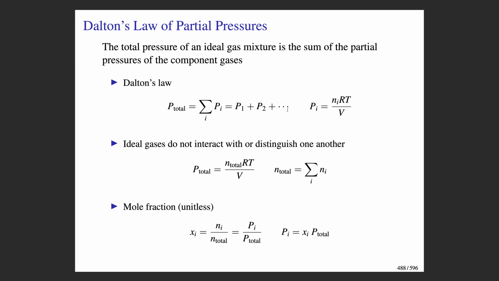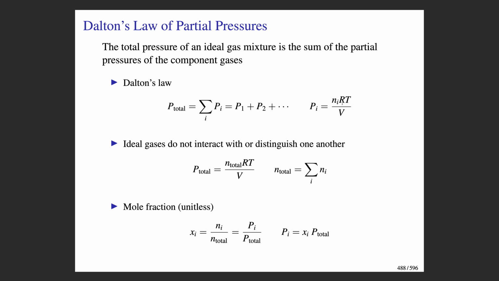Each partial pressure satisfies its own version of the ideal gas law. And so Pi is just the number of moles of that component i times R times T divided by volume. That's just the ideal gas law.